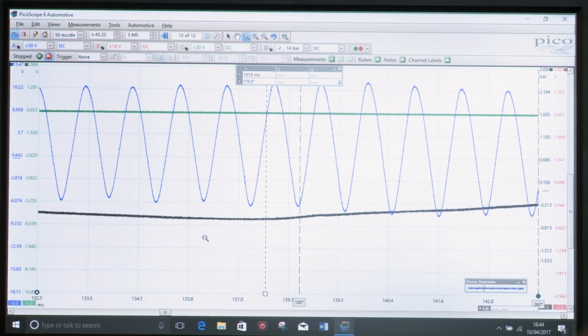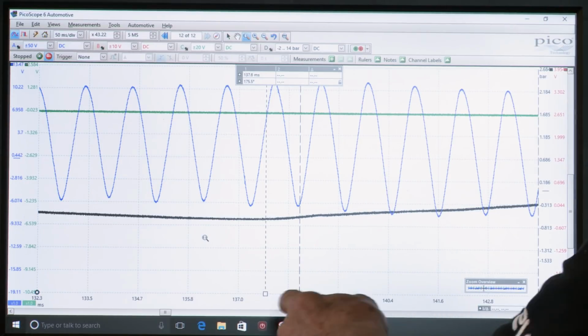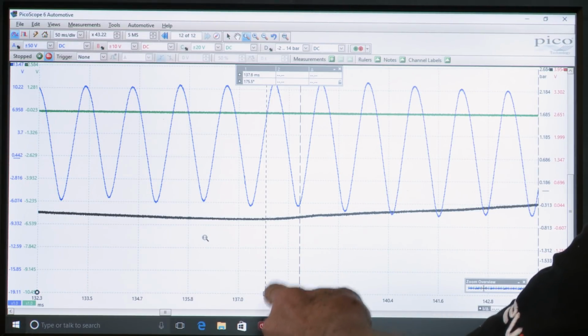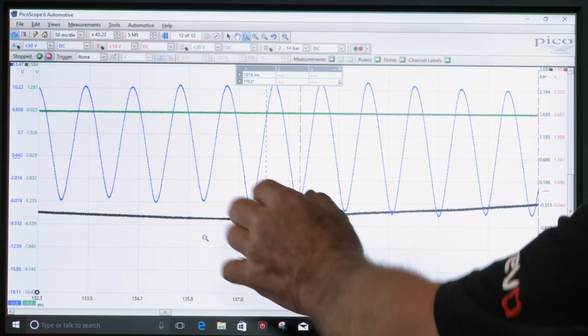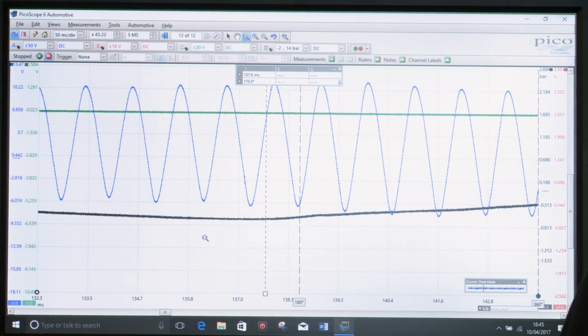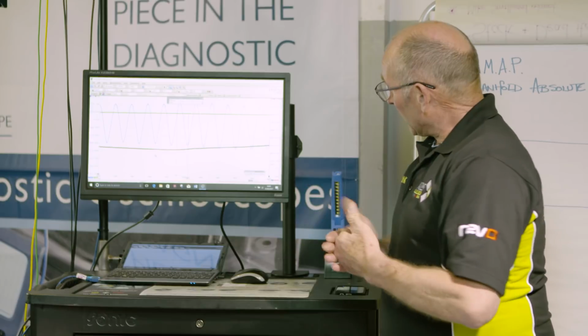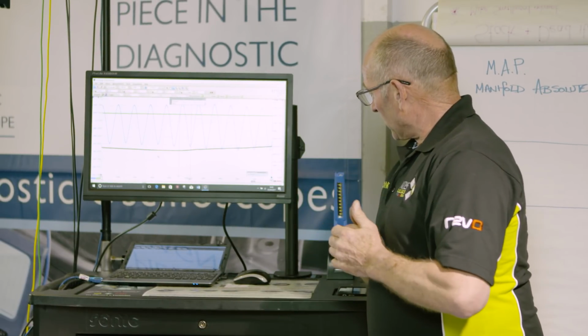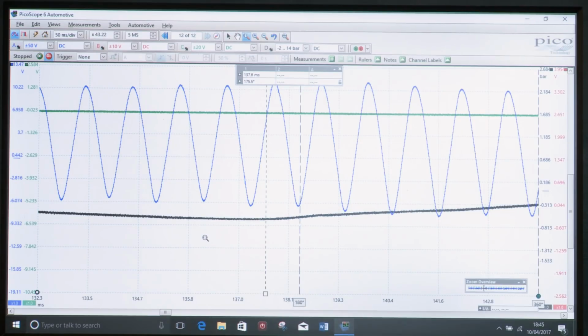I can now fairly accurately say that the exhaust valve has just started to open at about 6 degrees before bottom dead centre. I've now overlaid the electronic functionality with the physical functionality of the engine.